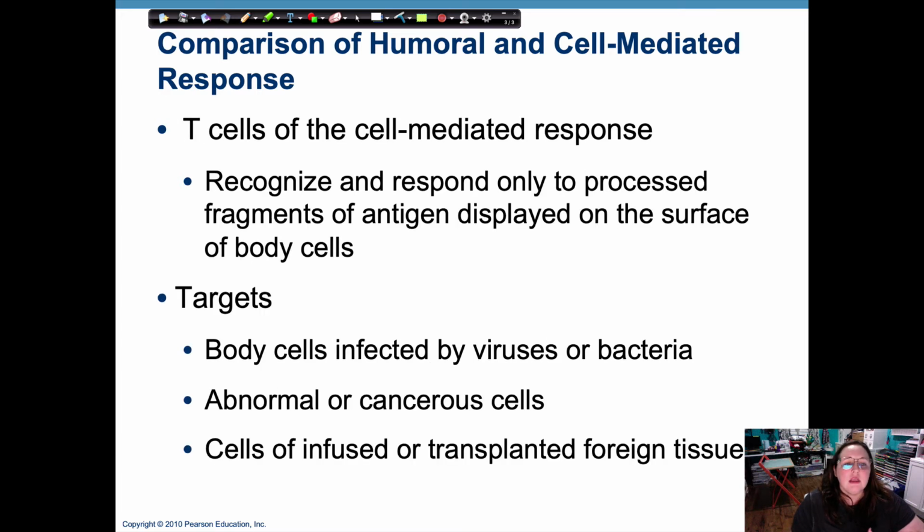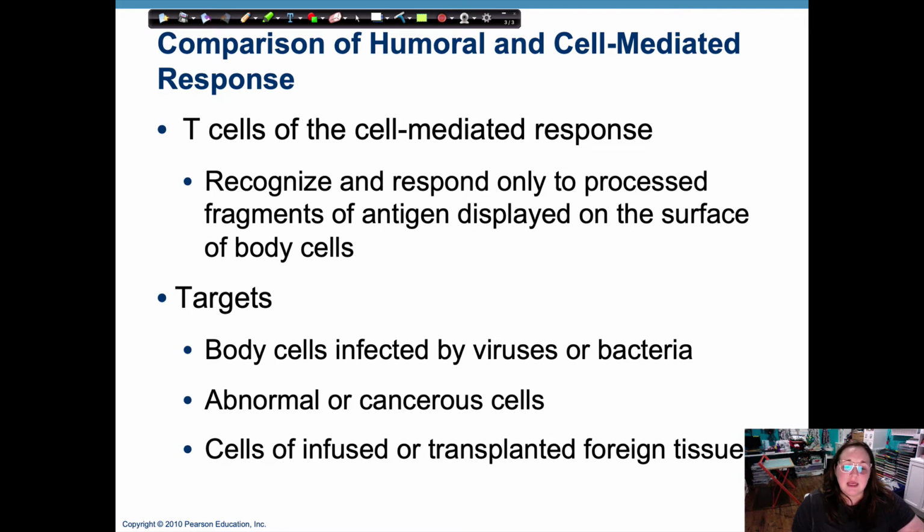Okay, so T cells of the cell-mediated response, like I said, only recognize and respond to cells that are going to be processing an antigen and displayed on the surface of the cell's body. So these are cells infected by viruses or bacteria.